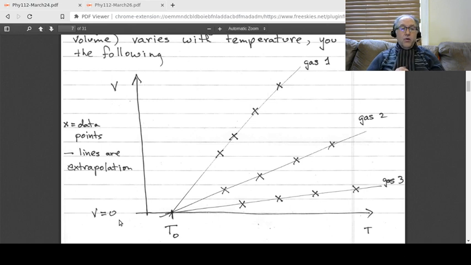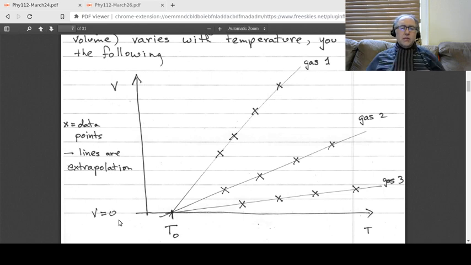Let's look at the graph now. Those X's there correspond to data points. We're going to have a bunch of different gases. We can have helium, neon, oxygen, nitrogen, whatever gases we like, and we have different amounts of those gases. We can have lots of helium. We can have very little neon.